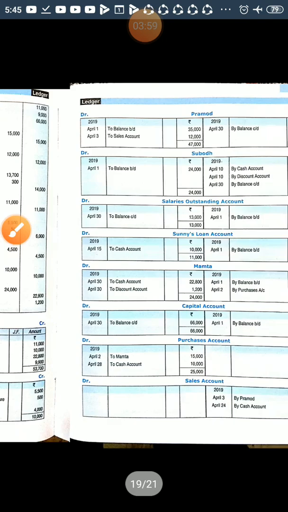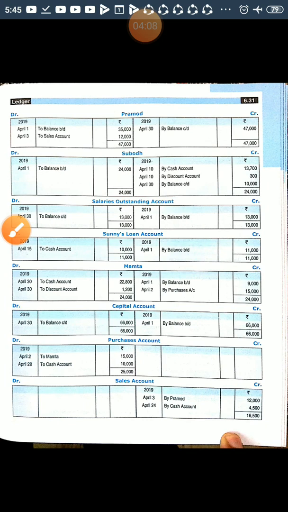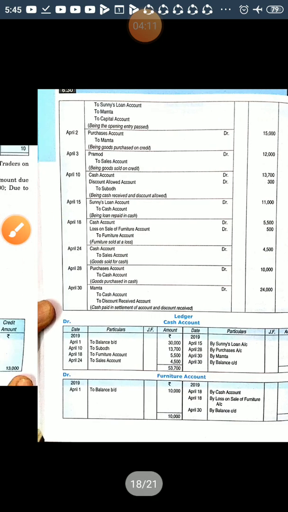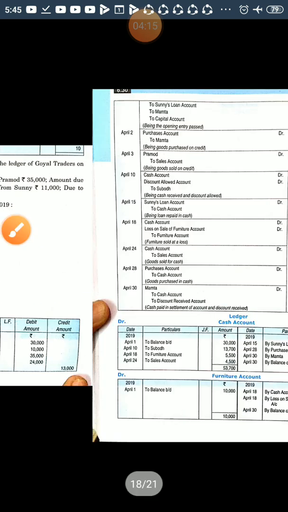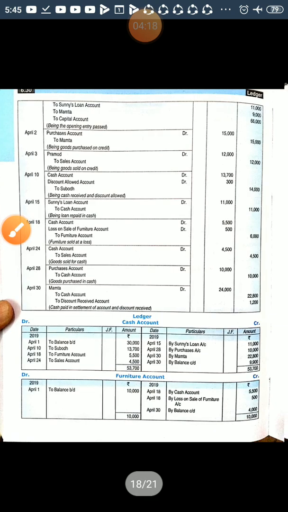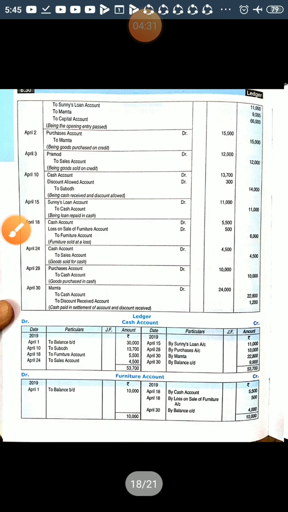So in Subodh's account you will write to balance b/d, brought down, 24,000, right? And so on. The same way for salary outstanding, this is a liability and it has a credit balance. So in the salary outstanding account you will write on the credit side by balance b/d, right?